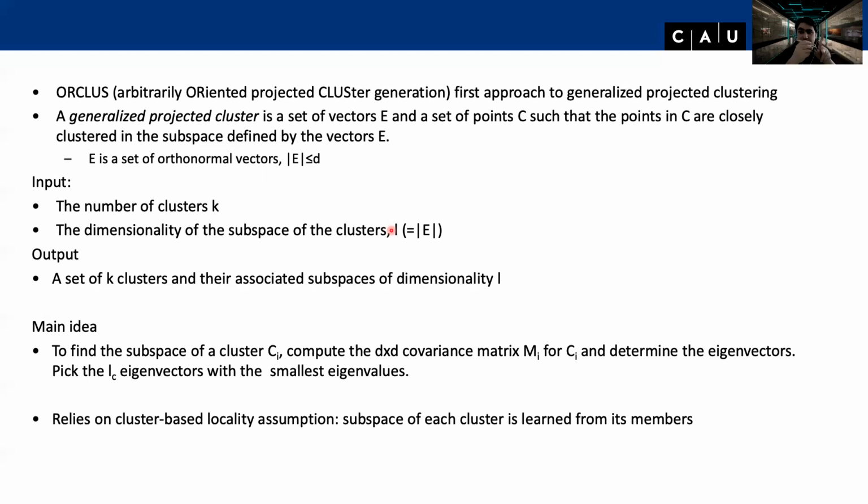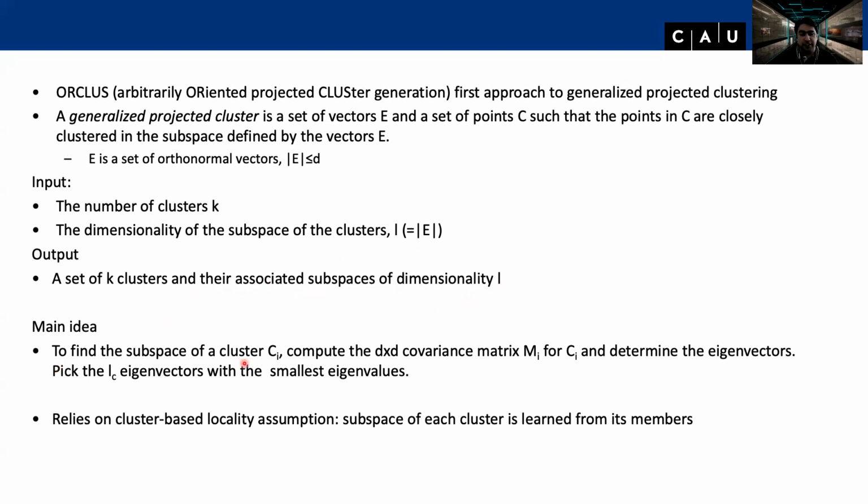Because remember, if we project these objects down to these two principal components here, then they will be maximally compact and therefore a dense cluster. So here the notion of L for the subspace dimensionality, pardon, refers to the L subspaces with the L lowest corresponding eigenvalues. And what we obtain is a set of K clusters and their associated subspaces of dimensionality L.